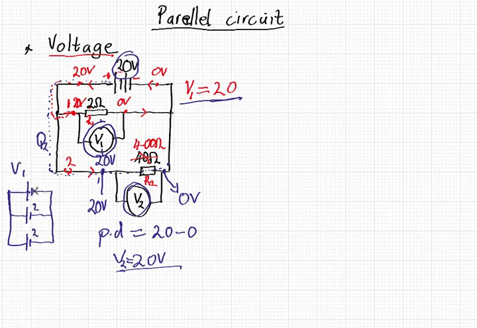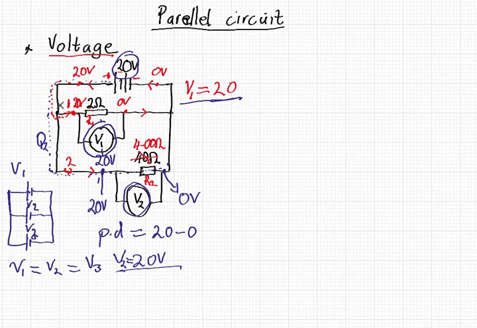Then, let's call it V1, V2, V3. V1 is equal to V2 is equal to V3. So the reason is what I've just demonstrated in terms of charges. So the voltage in parallel is the same.